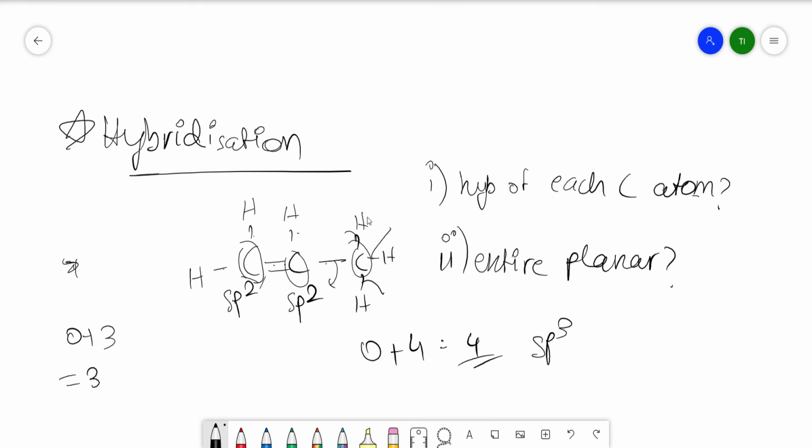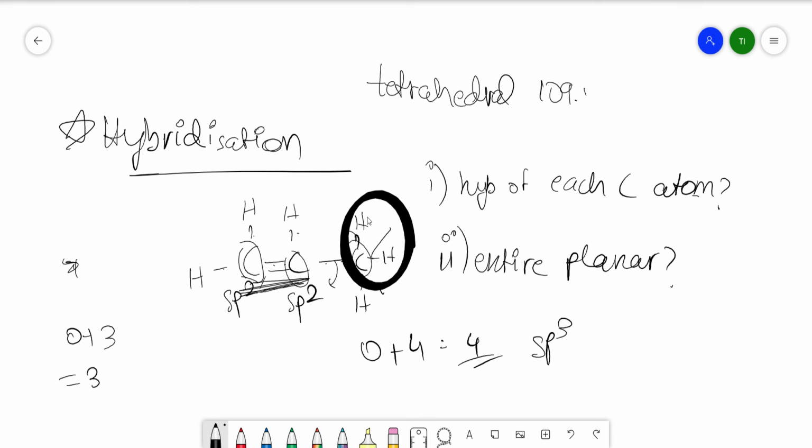The reason is because an sp3 carbon atom is involved. If I just said whether over here it's planar, you'd be right, because this is an sp2, so it's planar. But whenever there's an sp3 carbon atom involved, the shape is tetrahedral, and the bond angles are 109.5 degrees. So I'll draw a 3D representation.